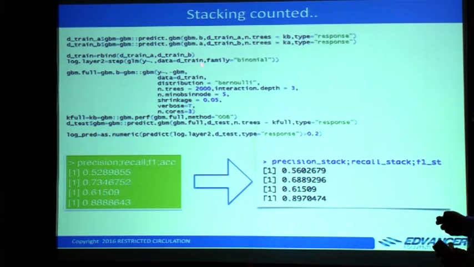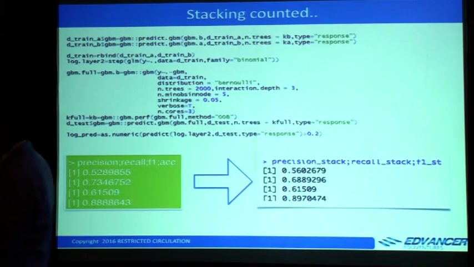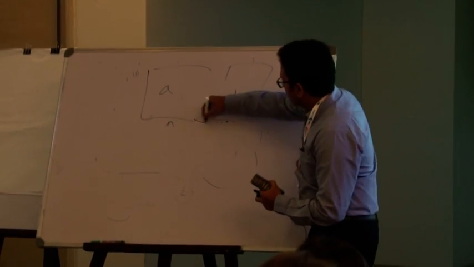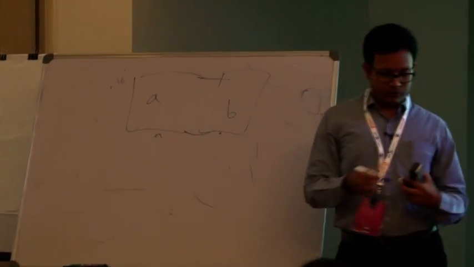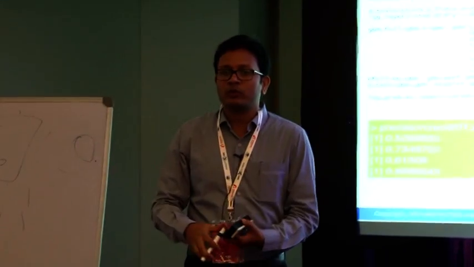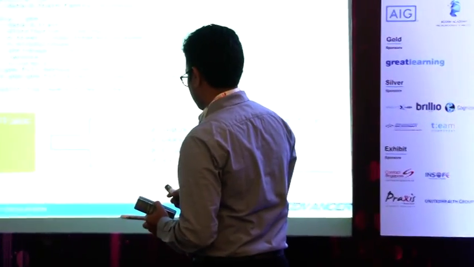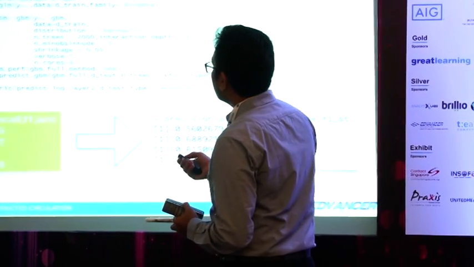Then I am combining both of these guys. And I am building my second layer of model, or rather I'm going to build my second layer of model. The sequence is, I guess, might be good.